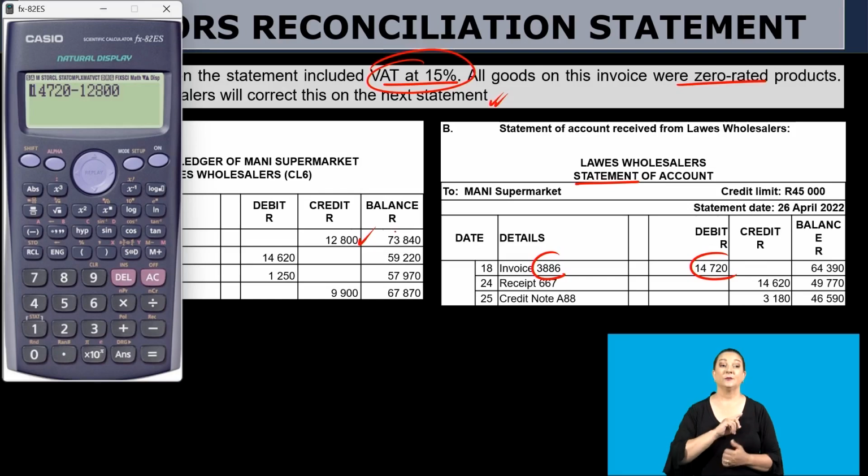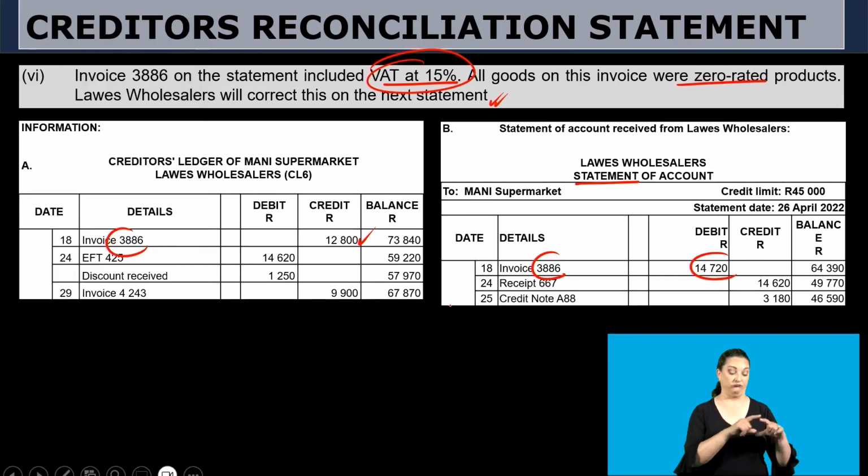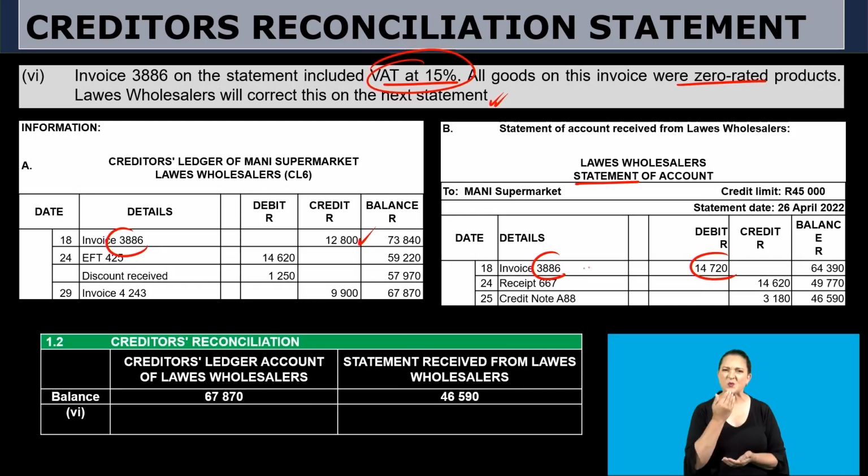So here, who made the error? Them. So I'm coming now to the statement, and I'm going to say, subtract 1,920. It is that VAT amount that was not supposed to be recorded at all.